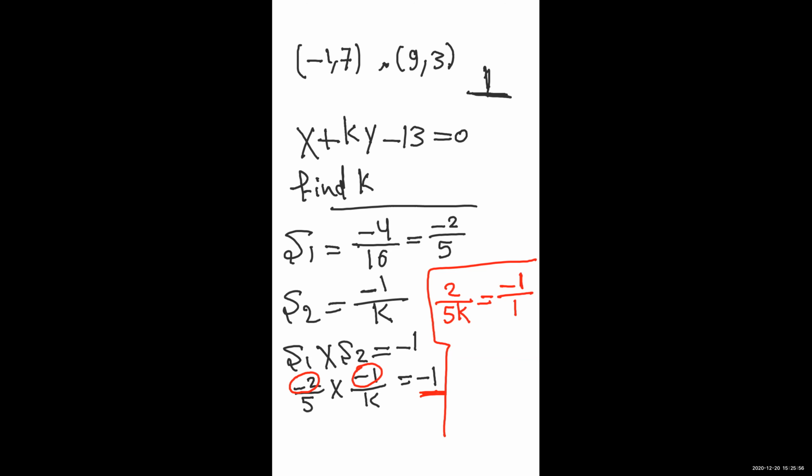So simply, 5k or negative 5k will equal 2. I'm going to divide the two sides by negative 2, so k will equal negative 2 over 5. That's it. So this is the value of k, negative 2 over 5. Is it clear, guys? Yes. Okay, great.